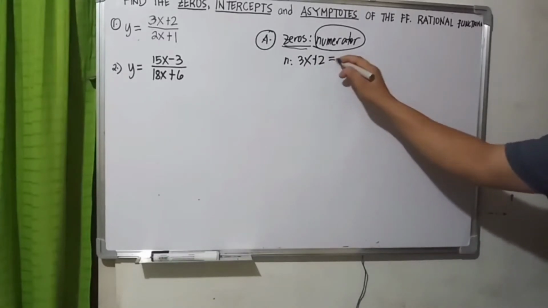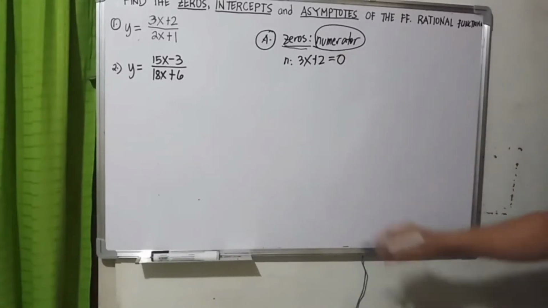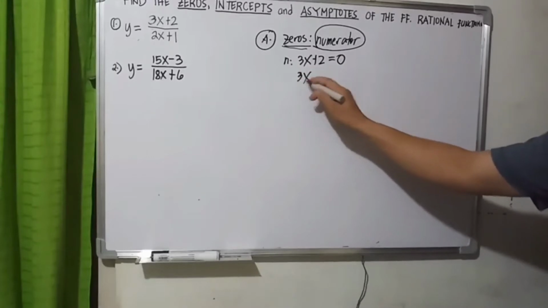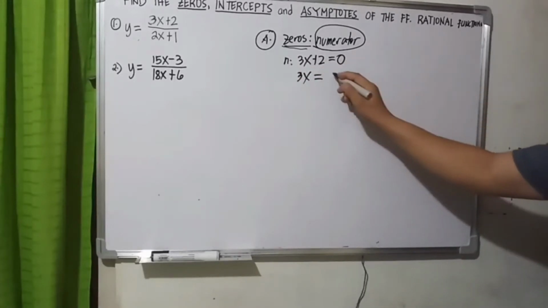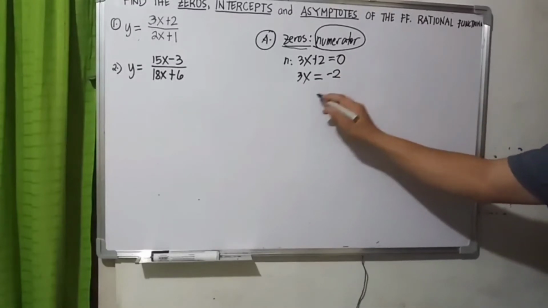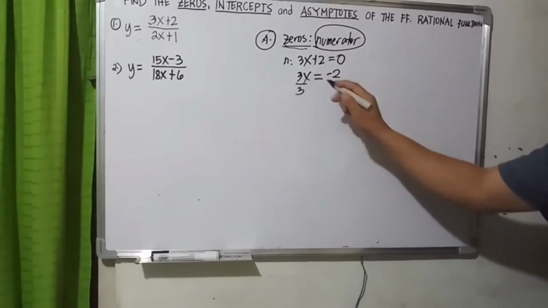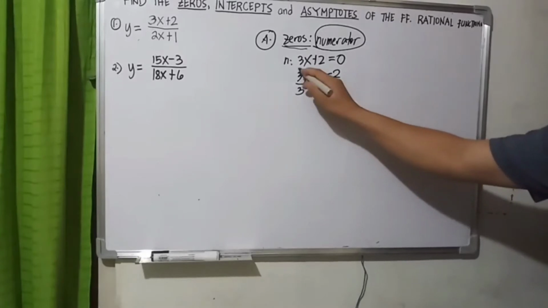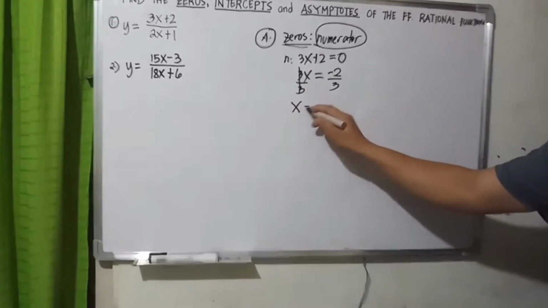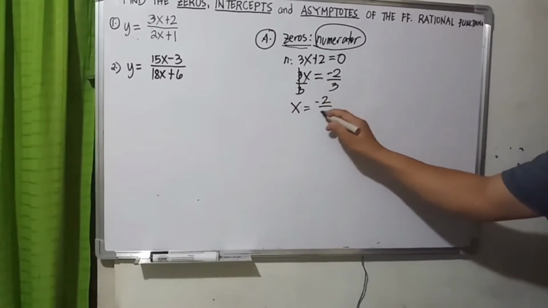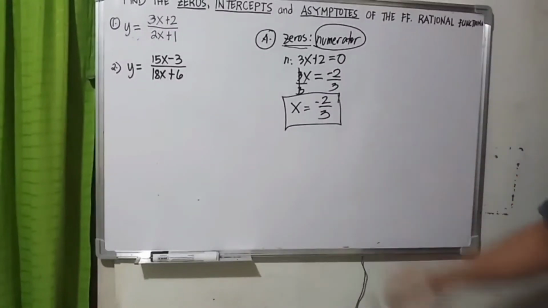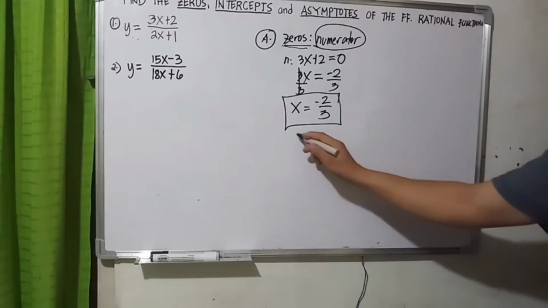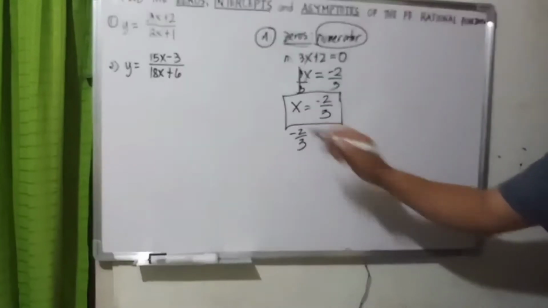So magiging 3x plus 2 equals 0. Next, 3x equals, i-transpose natin yung positive 2 sa kabila, magiging negative 2. Then, divide both sides by 3. So, the value of x equals negative 2 over 3. So, that is the zero.